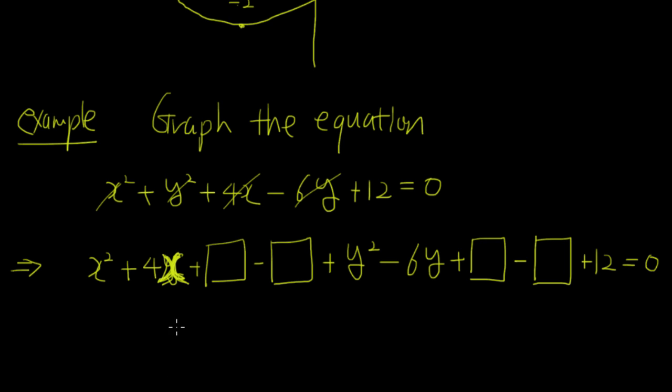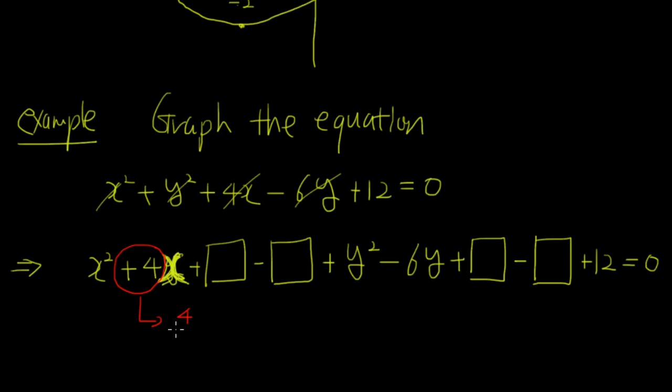Okay, so after the 4x term, we're going to set up plus minus. After the 6y term, we're going to set up plus minus. Is it always like this, after the x term and the y term? Yes, it's always going to be like that. Now, the number that we are going to put in here will be determined by this number, just like the completing the square technique.